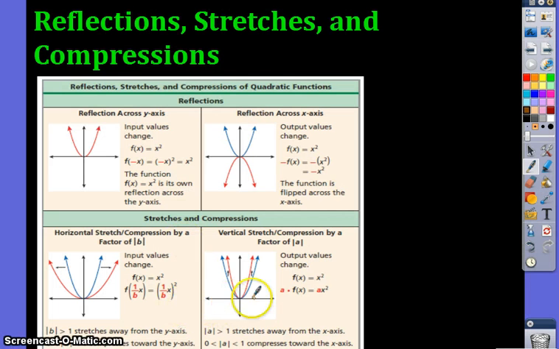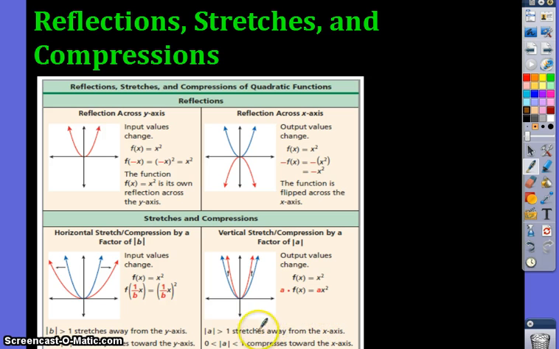So when you look at your rules here, when we multiply the x squared by something, it winds up doing a vertical stretch or a compression. And in this case, we multiplied by the number -4, which has an absolute value greater than 1.